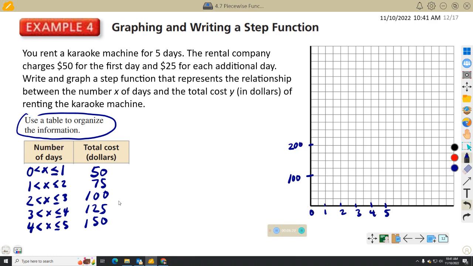So from 0 to 1, now I have an open circle here on the 0, that's about $50 up to the first day. 75, open circle to the second day. I guess I should have chosen a bigger scale for this, huh? $100, 2 to 3. 125 from 3 to 4. And 150 from 4 to 5. Okay?